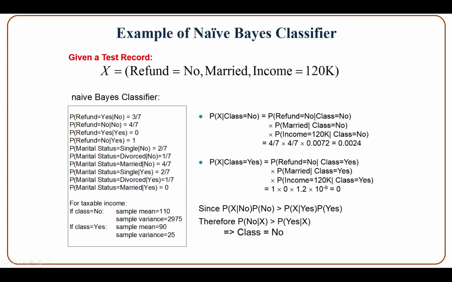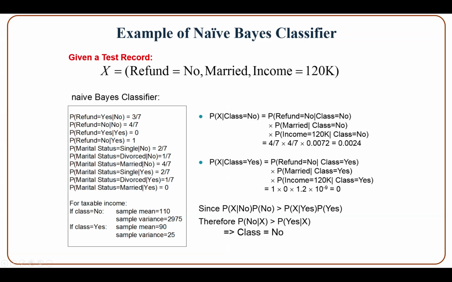And from there, you compare the probability of the test record X given the class no times the probability of class no, and also the probability of the test record given the class equal to yes times the probability of class equal to yes.